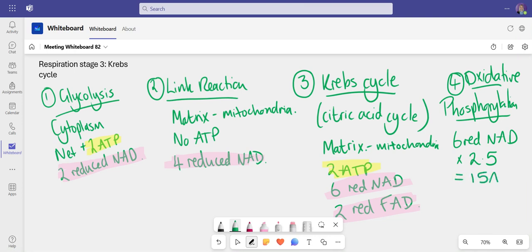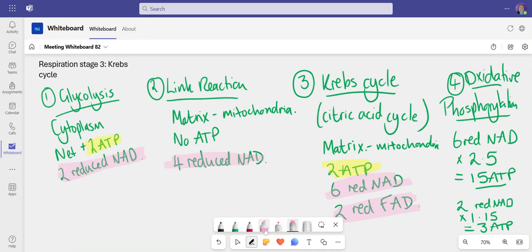So from 6 reduced NADs, in stage 4, it can make 15 ATPs, and each FAD that gets reduced can produce about 1.5 molecules of ATP in oxidative phosphorylation. So those 2 reduced FADs that we've got coming in are times by 1.5, and therefore they will make about 3 ATP molecules.